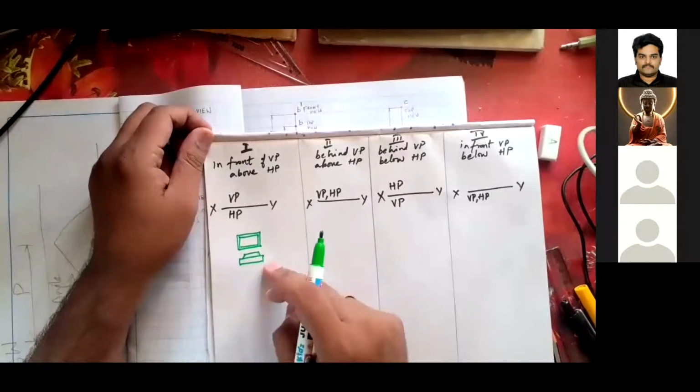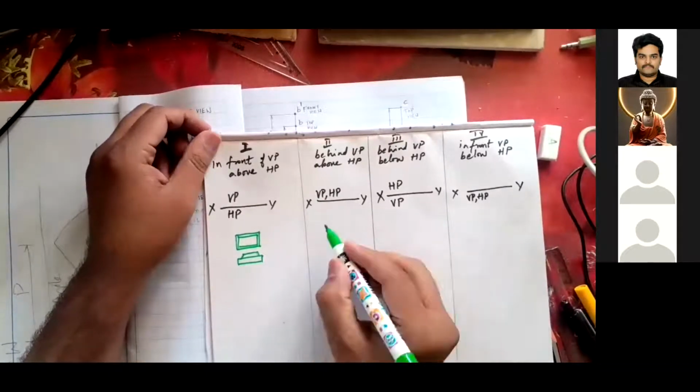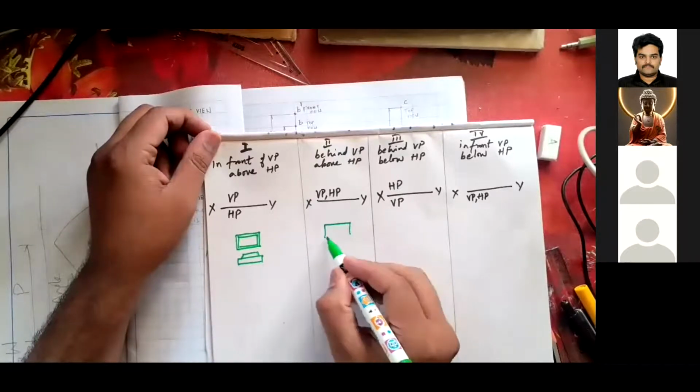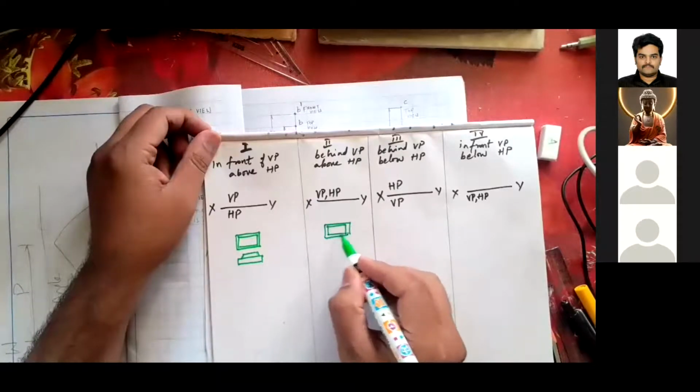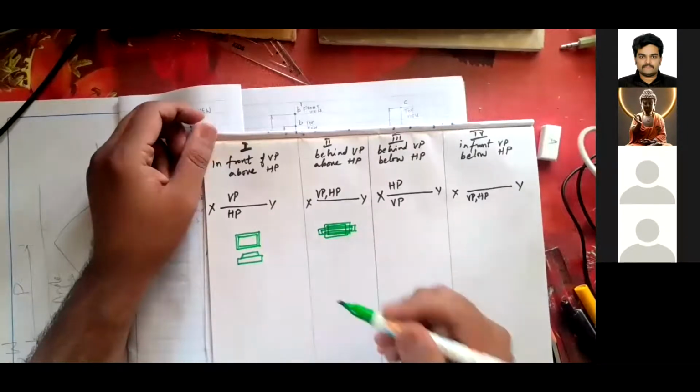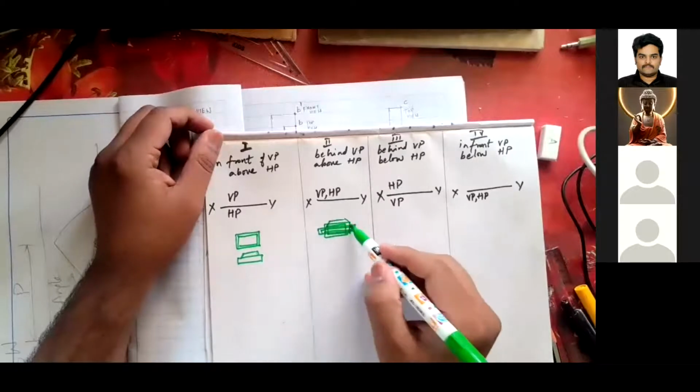If you keep the same object in the second quadrant, the front view and top view will overlap. This is the top view which is overlapping in the second quadrant.